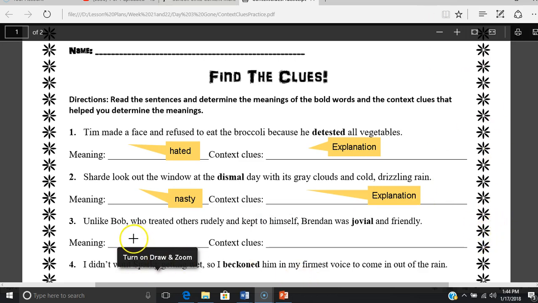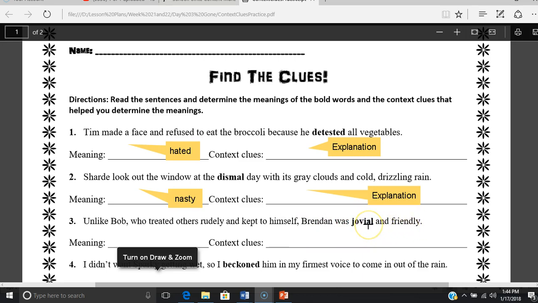it says, unlike Bob, who treated others rudely and kept to himself, Brendan was jovial and friendly. Okay, so first of all, it compares Bob and Brendan. It says that Bob was rude and kept to himself, but Brendan was the opposite. He was jovial and friendly.